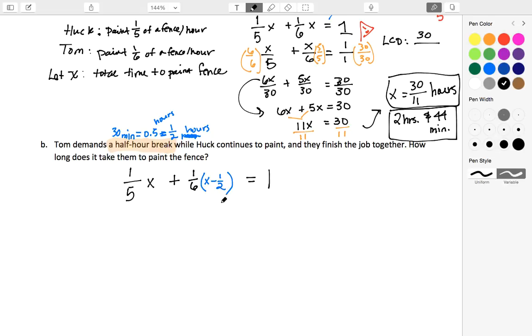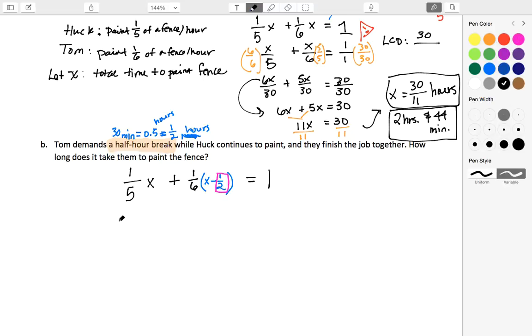So this is kind of like your setup, and this is how you are always going to set up the structure whenever you have a break. For instance, if you took an hour break, you would subtract 1. Or if he took a quarter of an hour break, you'd put 1 over 4, okay? Or if he took 2 hours, you put 2, right? So think of this as your structure.